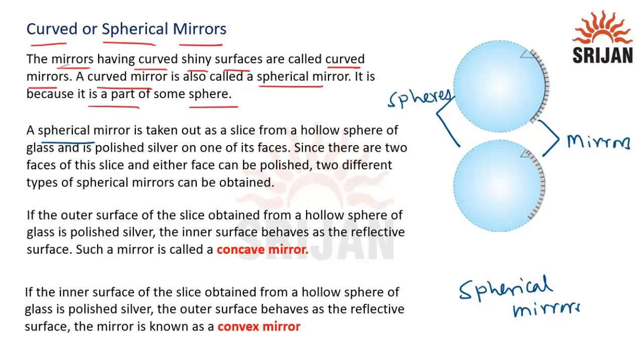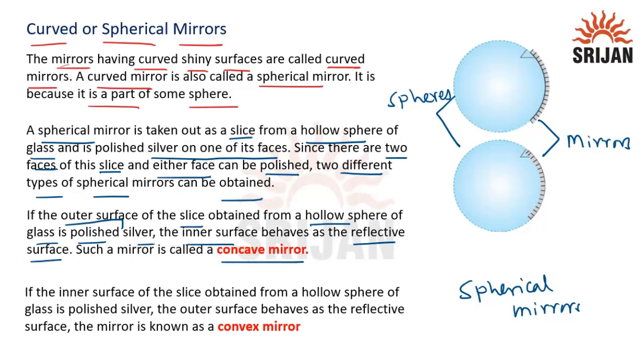Now, a spherical mirror is taken out of a slice from a hollow sphere of glass and is polished silver on its faces. Since there are two faces of this slice and either face can be polished, two different types of spherical mirrors can be obtained. If the outer surface of the slice obtained from a hollow sphere of glass is polished silver, the inner surface behaves as a reflecting surface.